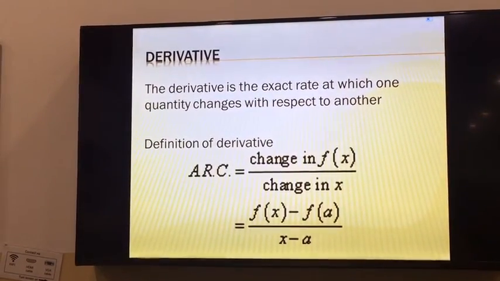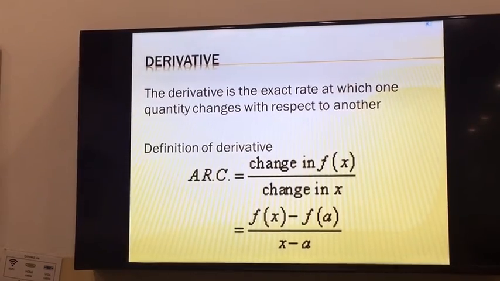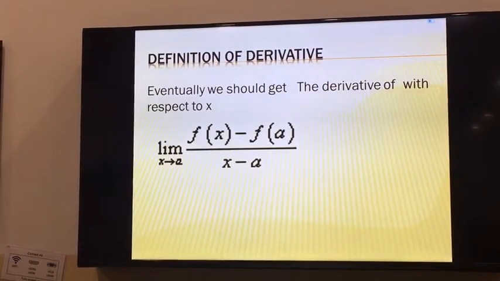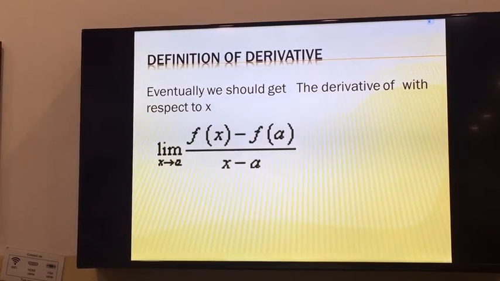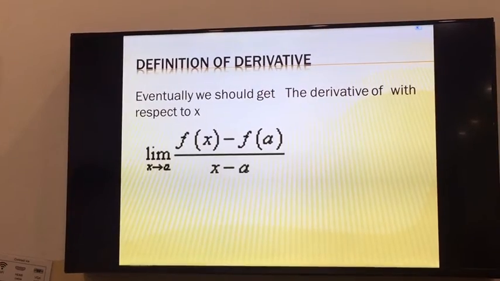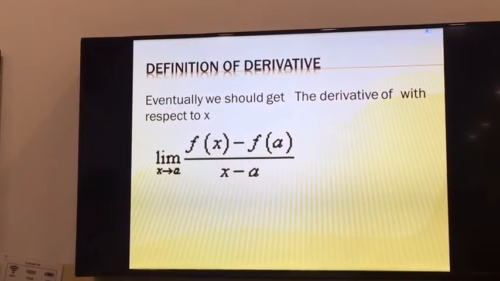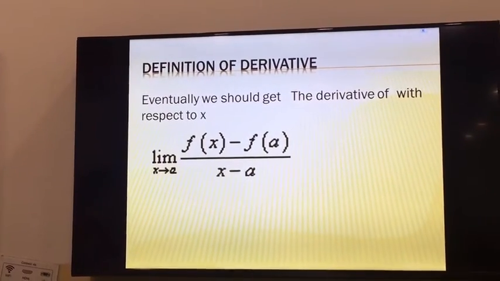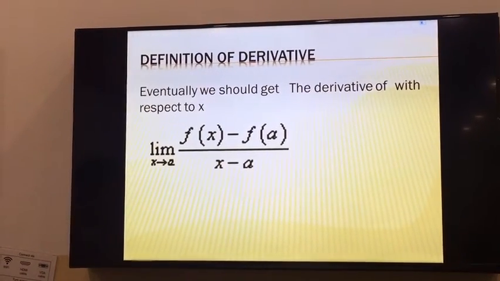Then we take the limit, choosing values of x that get closer and closer to x equals a, and plug them into the function. We also made sure that we looked at values of x on both the left and right sides of x equals a.